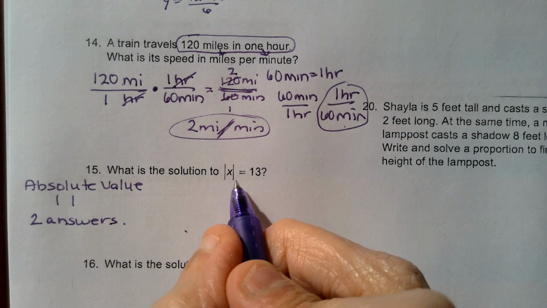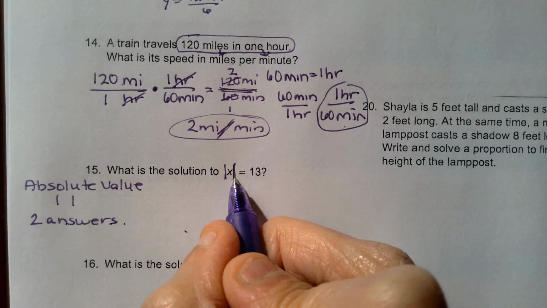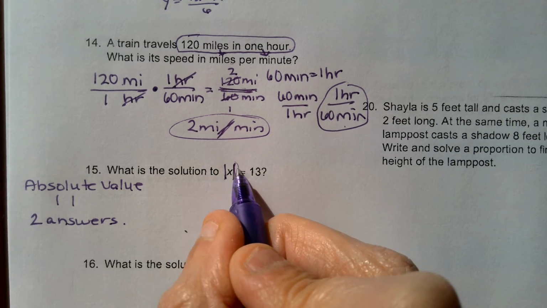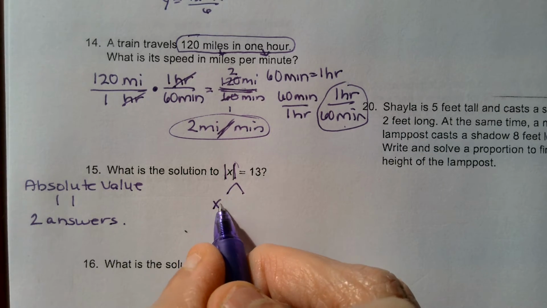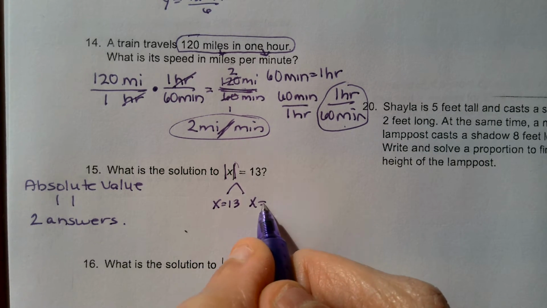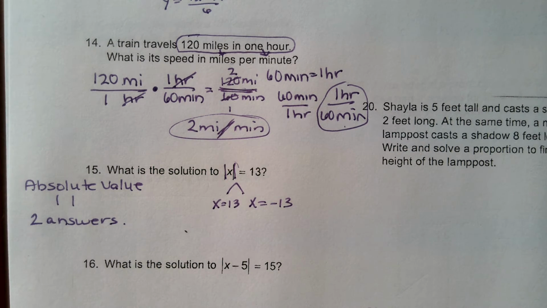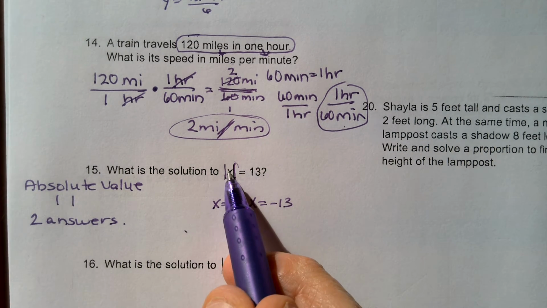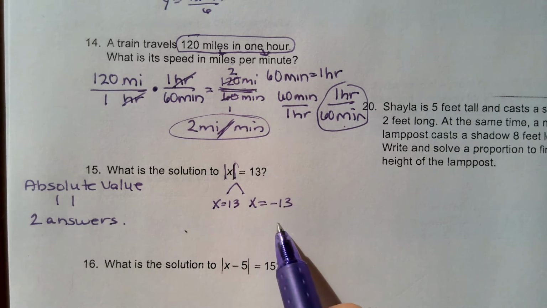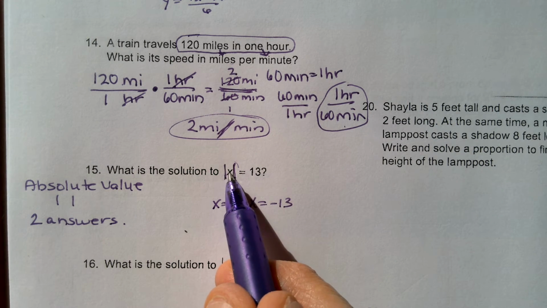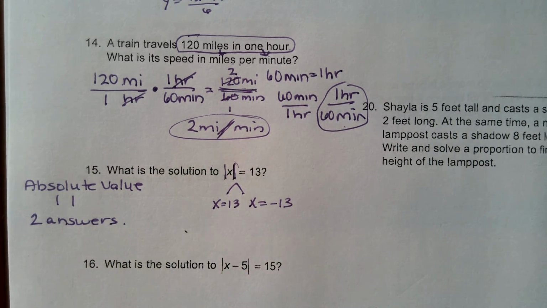Okay, so when you use absolute value, there's nothing around it on the same side. It's all set to break down. X is equal to 13 and x is equal to negative 13. That's straightforward. There's no solving to do for that one. Right? Because if you put 13 in here, absolute value 13, yep. If you put a negative 13 here, absolute value of negative 13, yep, it makes it positive.